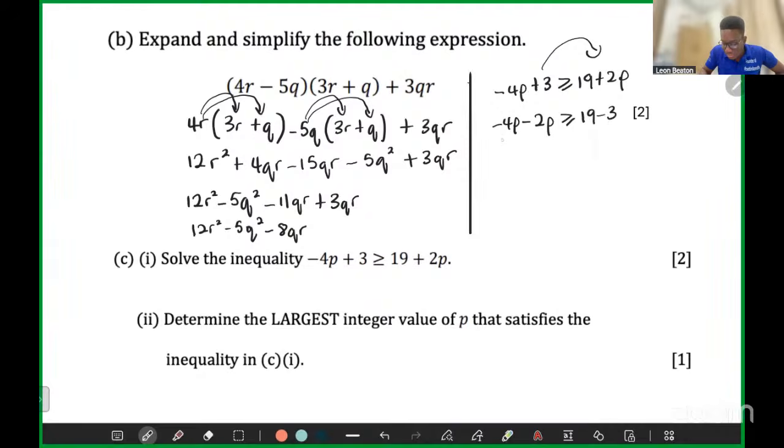So we work this out. Negative 4p minus 2p would give us a negative 6p is greater than or equal to 19 minus 3, which gives us 16. Is that correct? 19 minus 3 is 16.